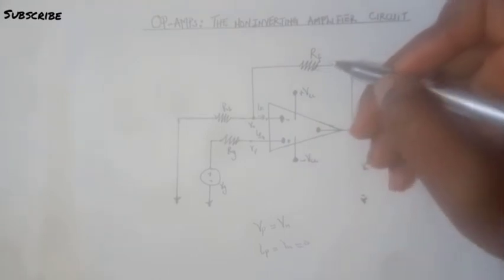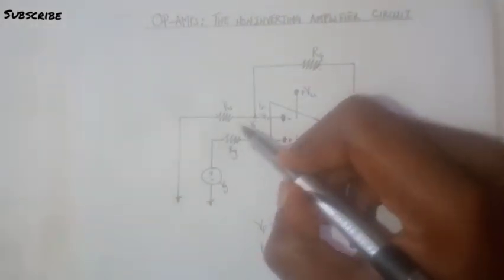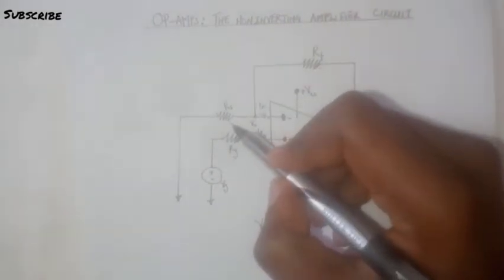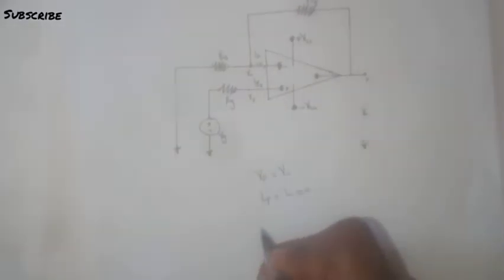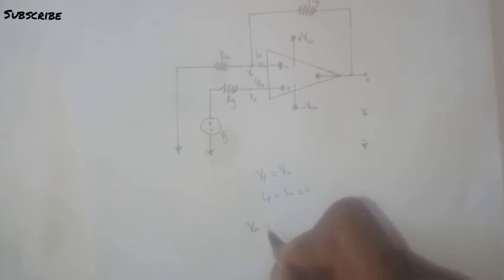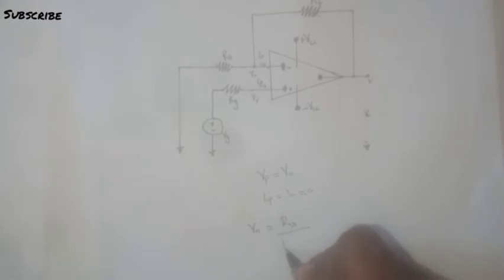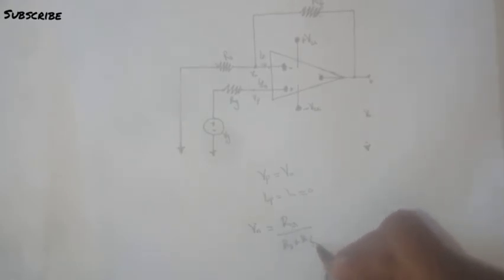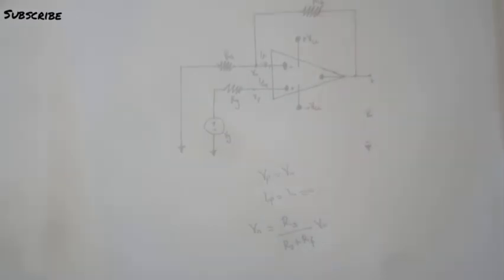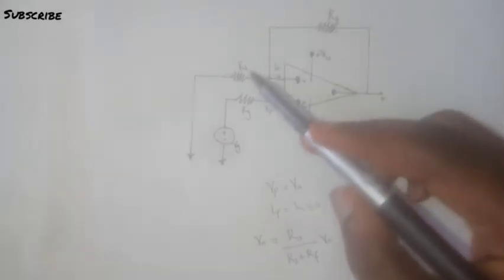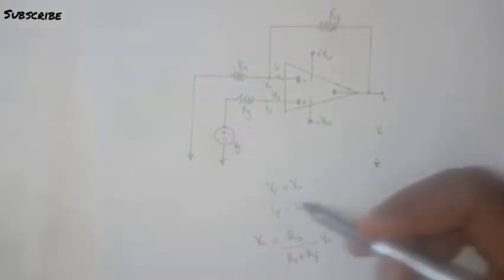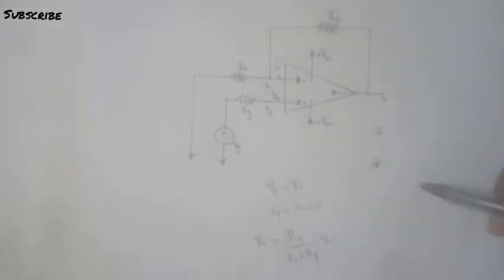So we can write the voltage at Vn as the voltage across the RS resistor, and that would be Vn equals RS over RS plus RF multiplied by V0. Okay, because this is a voltage divider. When you connect this, you get a voltage divider.